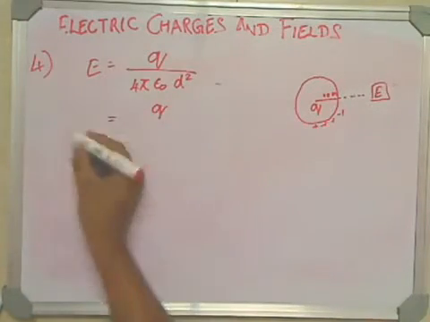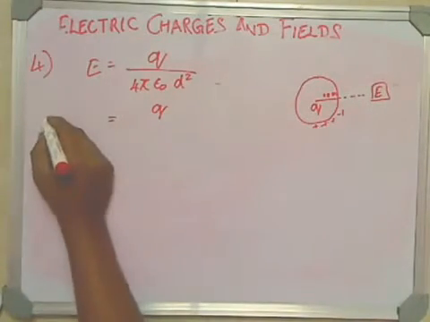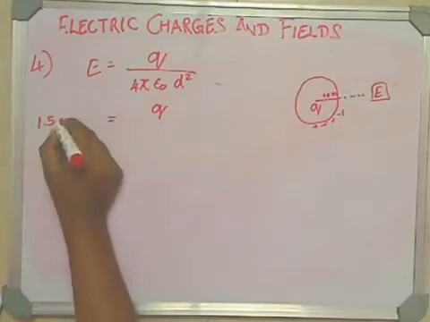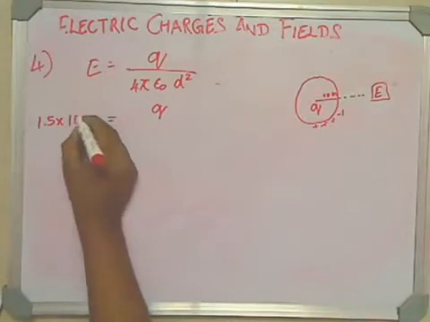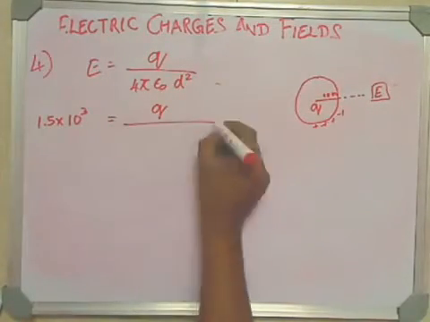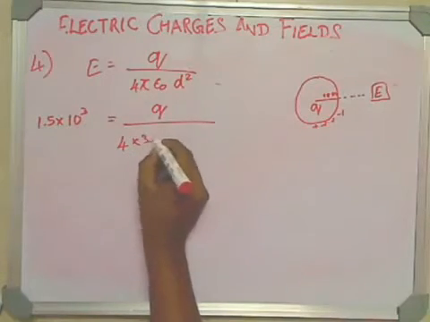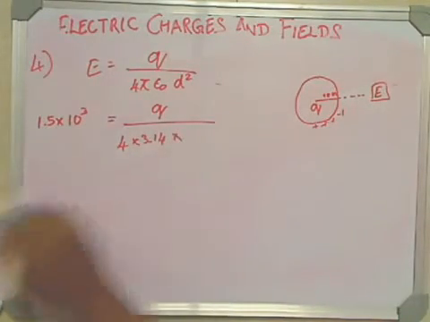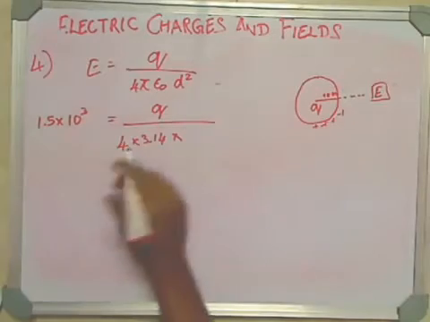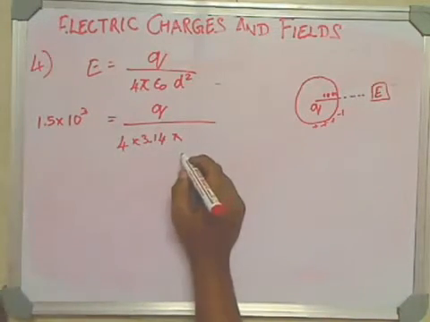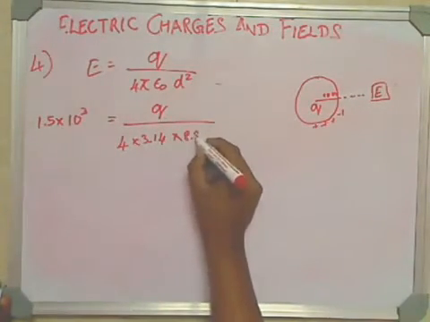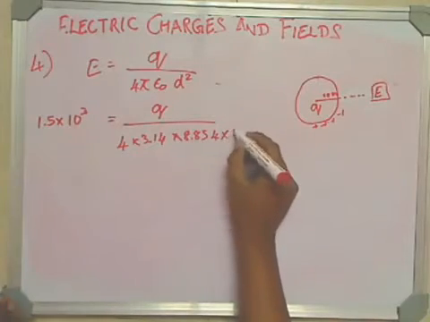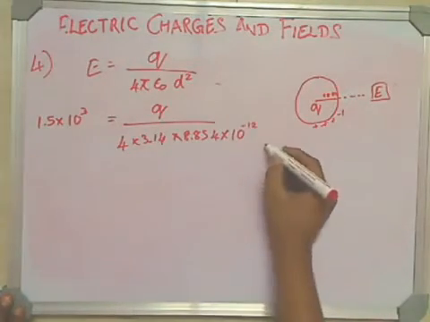Q here is unknown, but you already know the value of the electric field, which is 1.5 multiplied by 10 to the power of 3, divided by 4 pi, 3.14. Please don't take more than 2 digits of pi, pi is infinitely long. Multiplied by 8.854 multiplied by 10 to the power of minus 12.